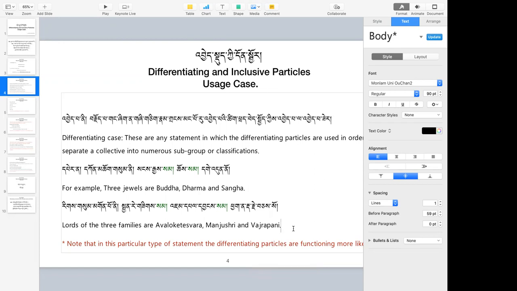So we see that these three, that is Lord Avalokiteshvara, Lord Manjushri, and Lord Vajrapani, are separated or differentiated by the usage of the differentiating particle.